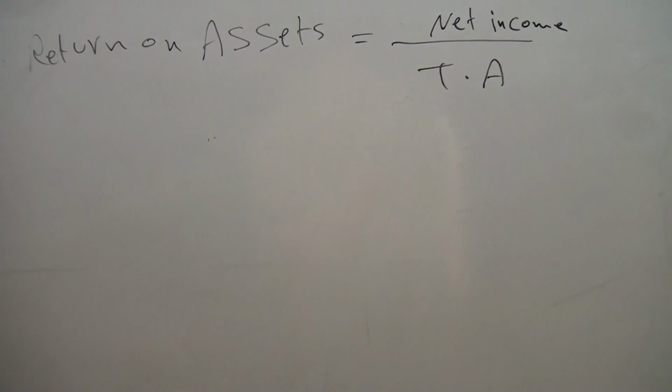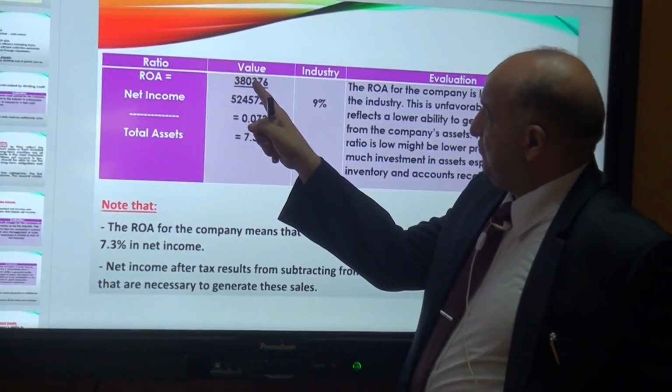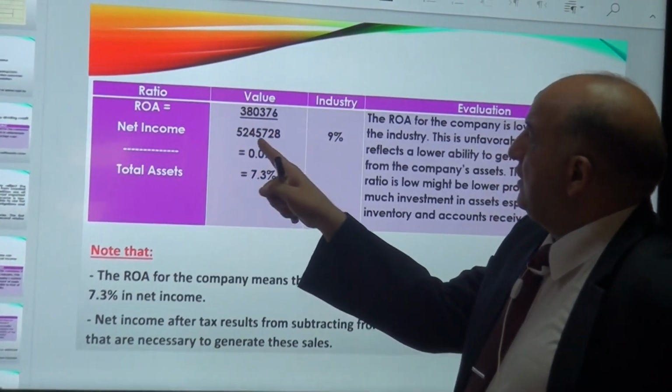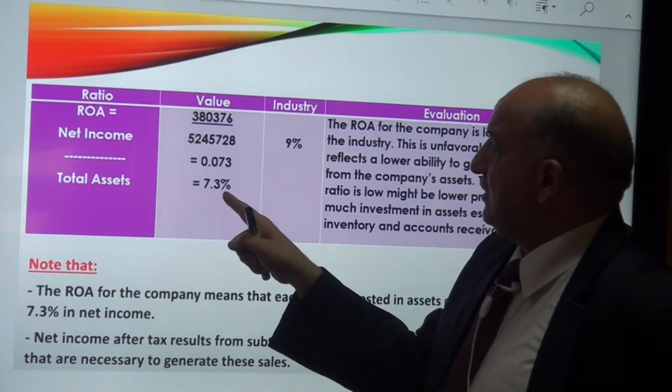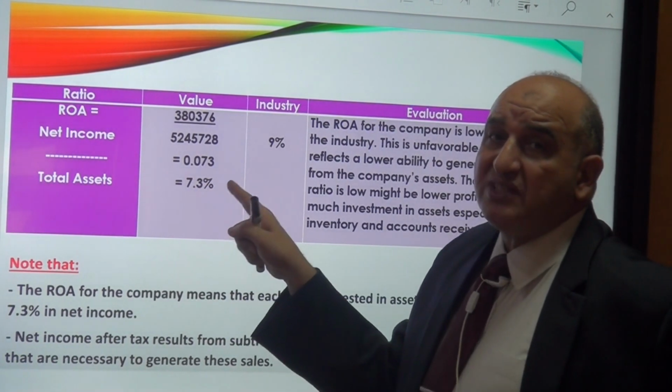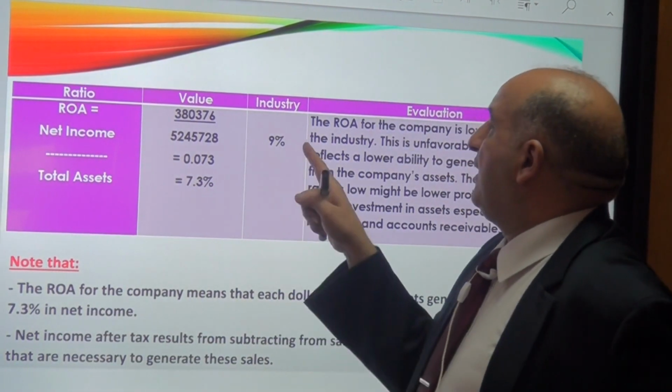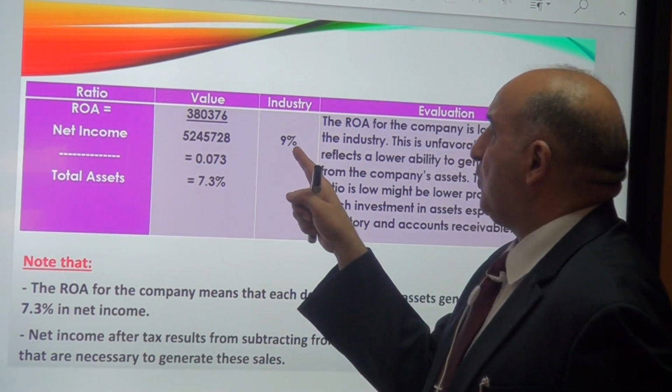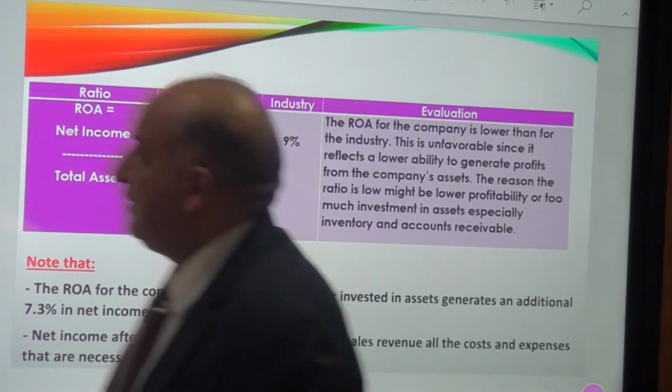In our company, the return on assets, net income from the income statement over total assets from the balance sheet, is equal to 7.3%. And in the industry, it is equal to 9%. What does it mean?